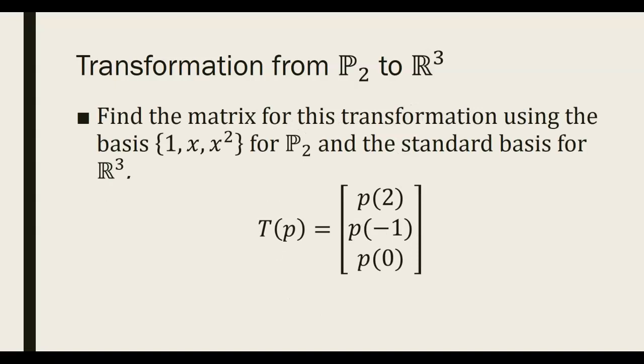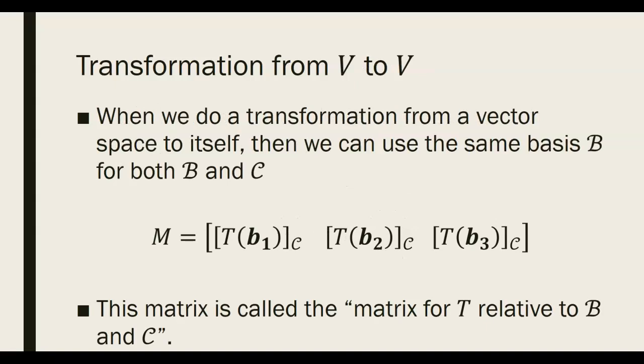And what if we were willing to use the same basis? So when we do a transformation from a vector space to itself, then we can use the same basis for both B and C. For both our originating vector space and our ending vector space, we can use the same basis.